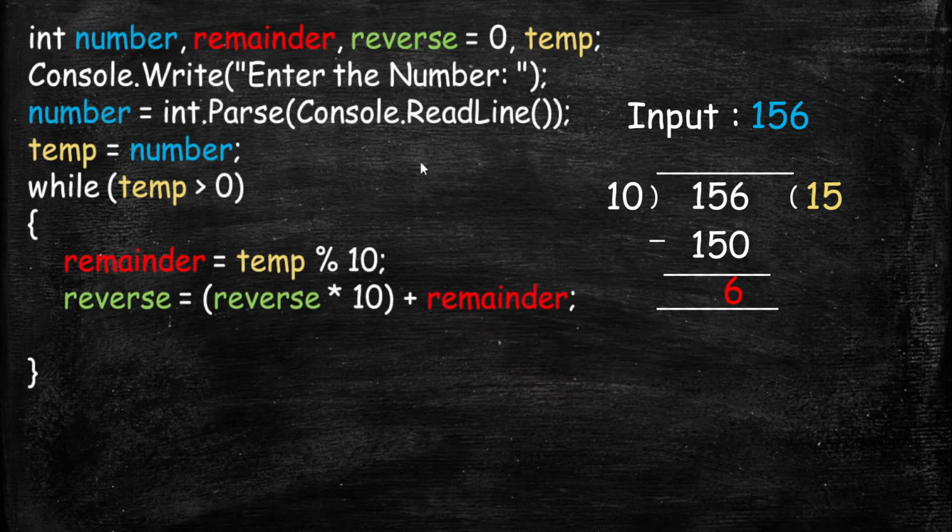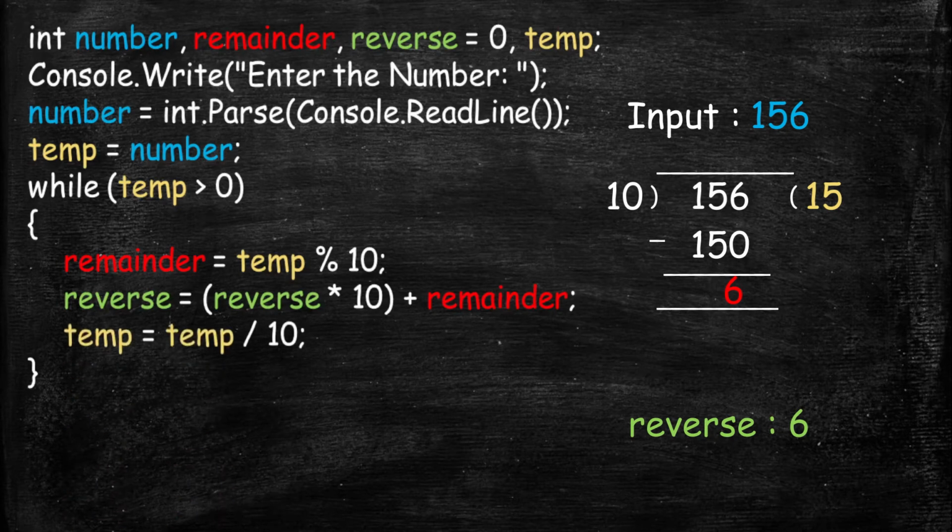Alright, then we will use the reverse variable whose initial value is 0. We will multiply it by 10 plus the remainder. So our initial value is 0, so if we multiply reverse by 10 we get 0, plus the remainder which we got, 6. So our reverse value will become 6.